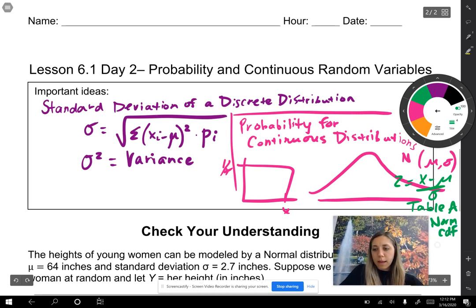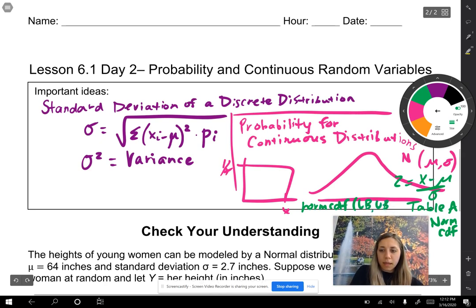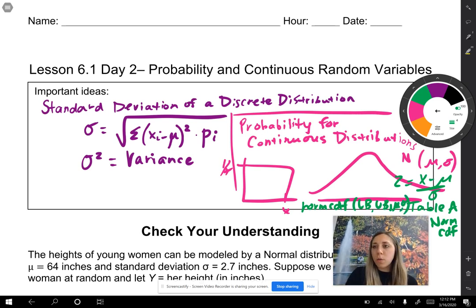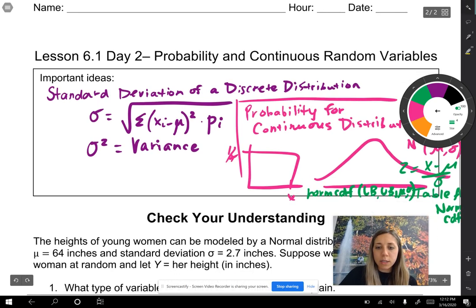So remember that's normal CDF, lower bound, upper bound, mean, standard deviation.